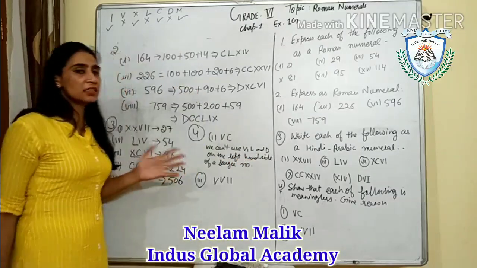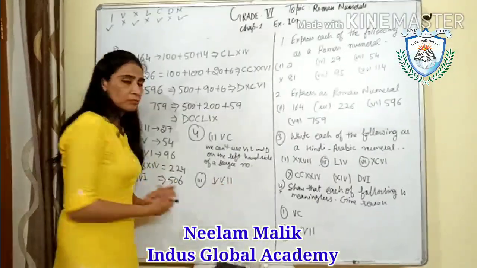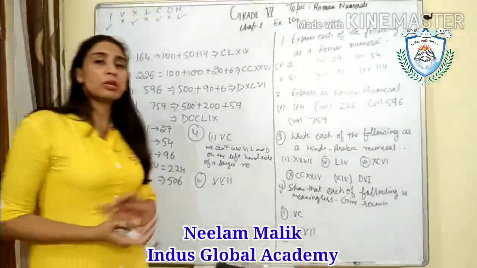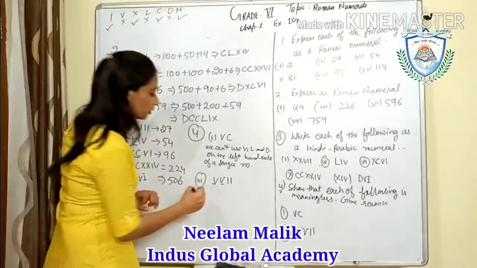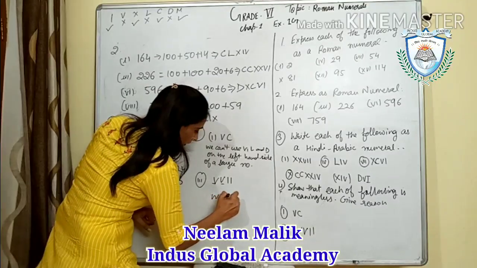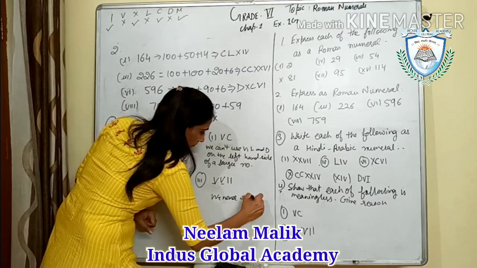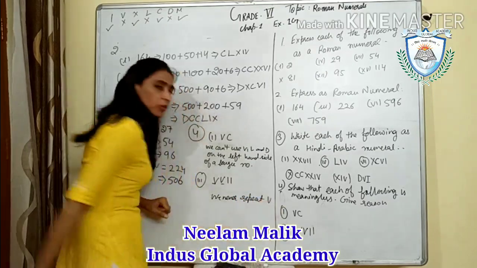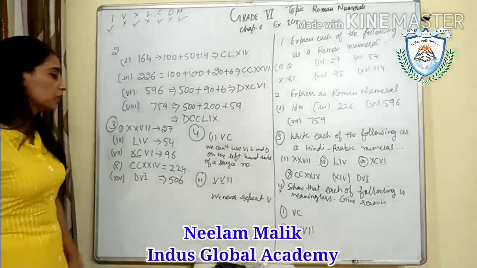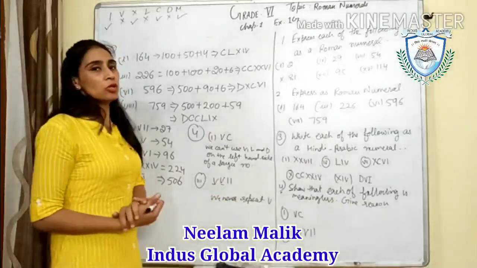So that's why this is wrong. Here V, this is also a rule. We cannot repeat the V. Yes. So here we will write: we never repeat V. Okay, we never repeat V. We will never repeat it. That's why this is also wrong.